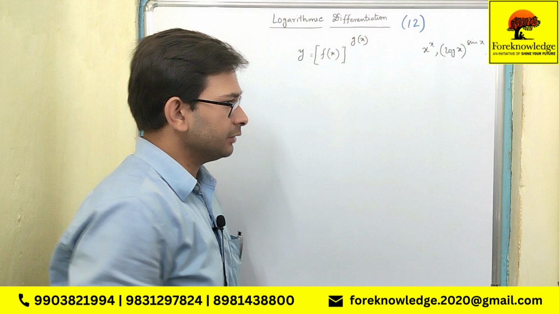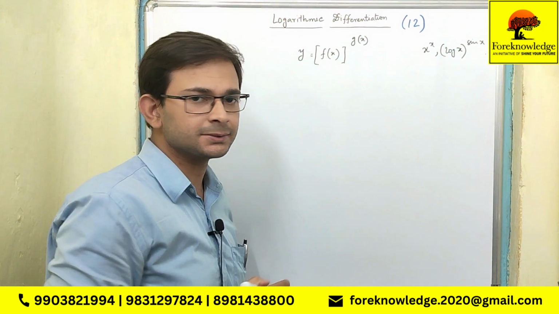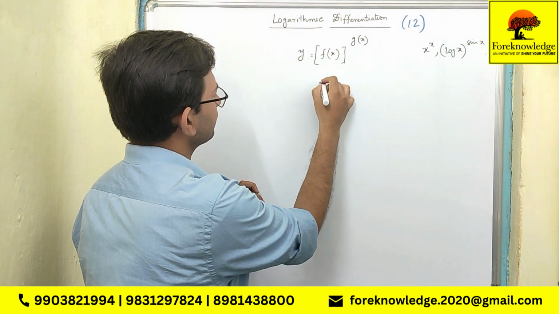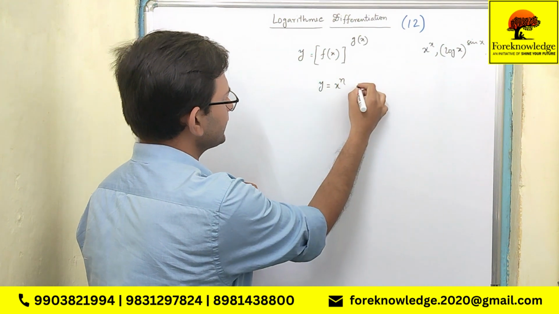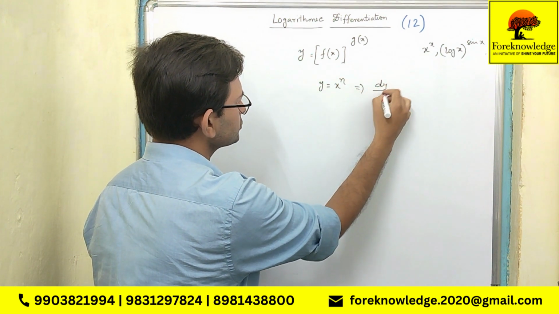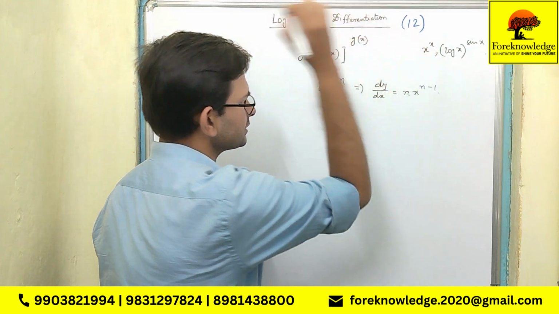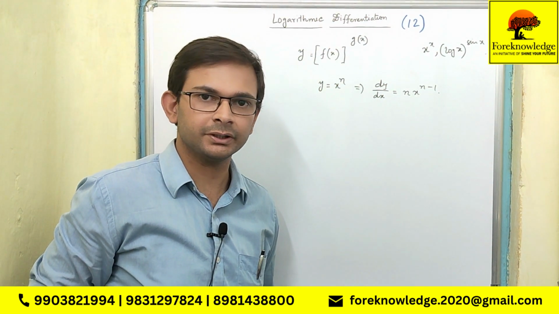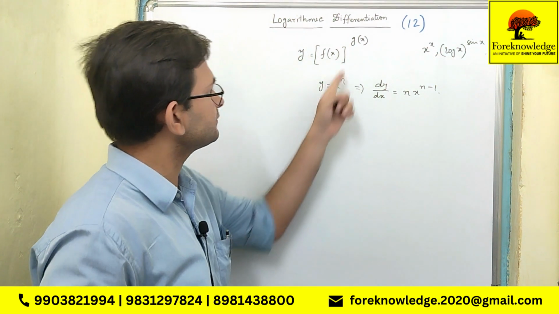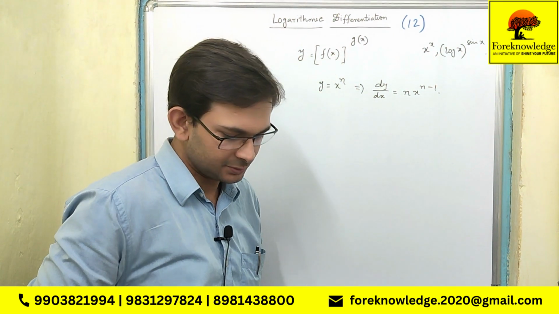What was the formula for this? If y equals x to the power n, then you used this formula for the differentiation. Now, what is the basic difference between these two?